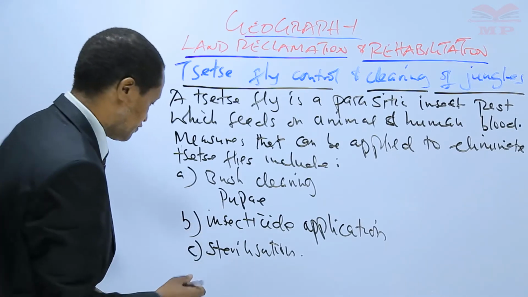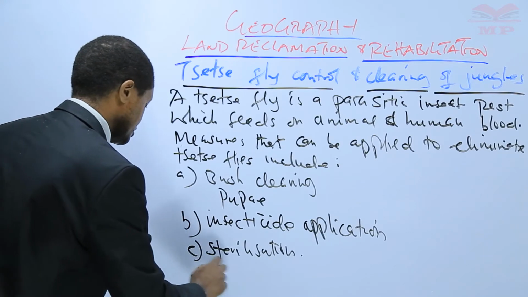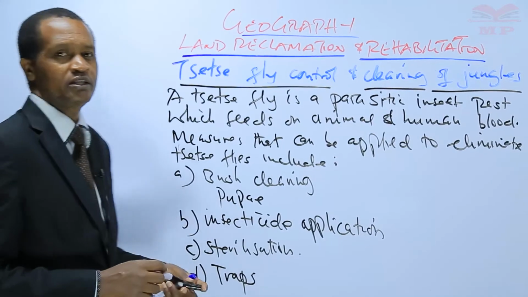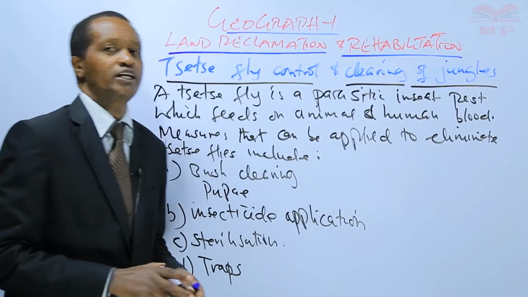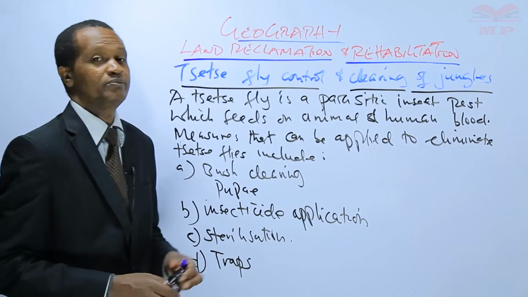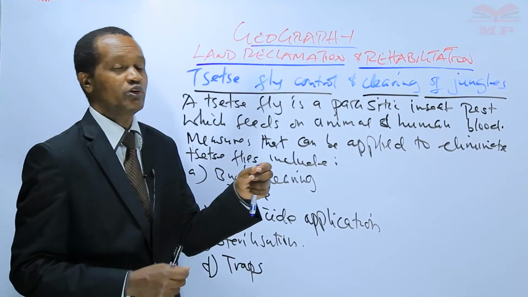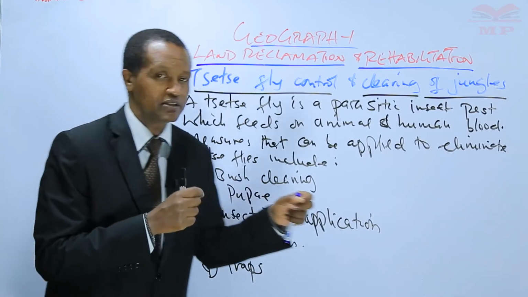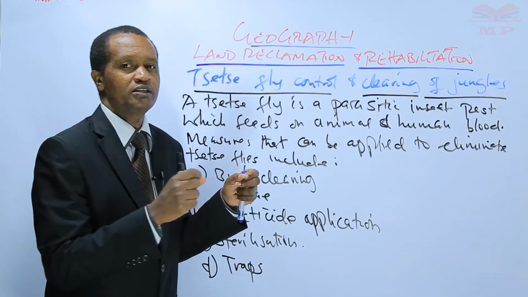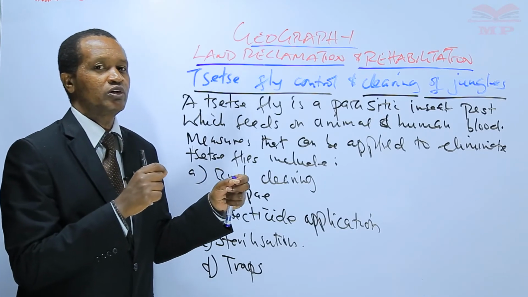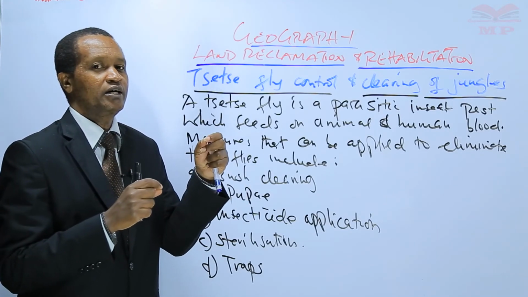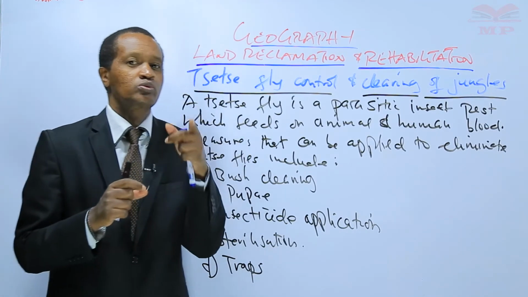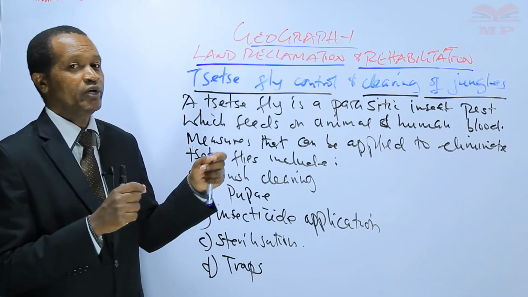Then we have traps. Traps can also be used, learners, and traps have been used for a very long time and have become an effective method due to the inclusion of the bait. Originally, learners, squares of black cloth coated with what we call bird lime, which is just a type of glue used for capturing birds, were used.